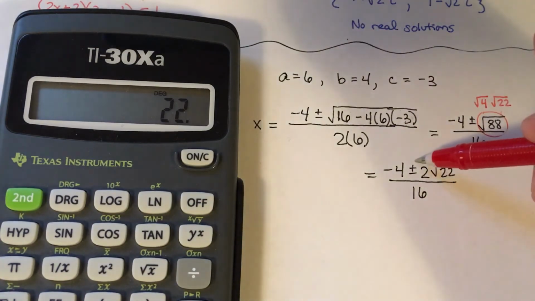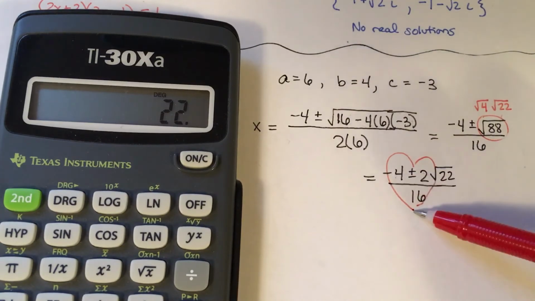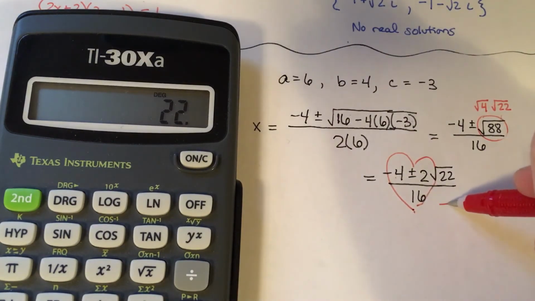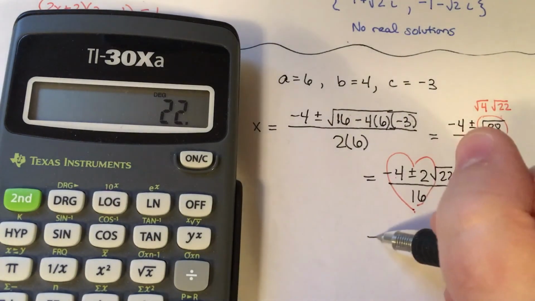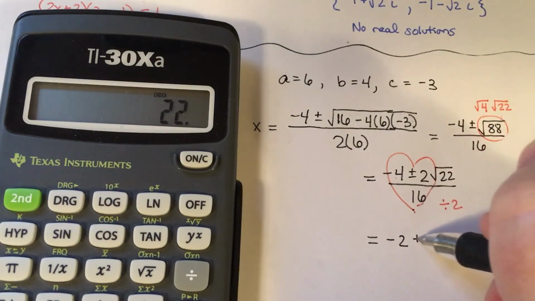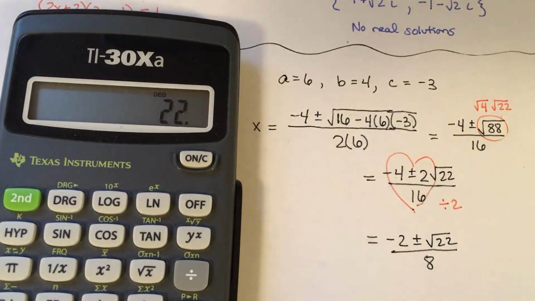To make this fully simplified, we're going to use a little heart and look at what goes into all 3 of those terms. And it is a 2, so I'm going to divide all 3 by 2. Get -2 plus or minus the square root of 22 all over 8.